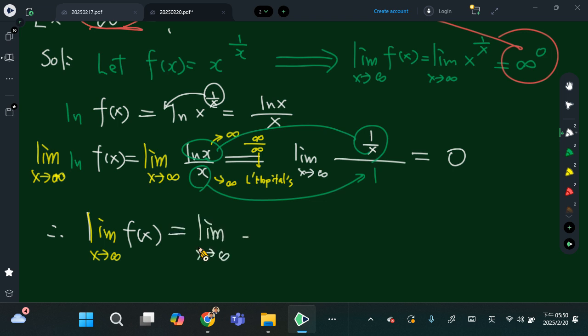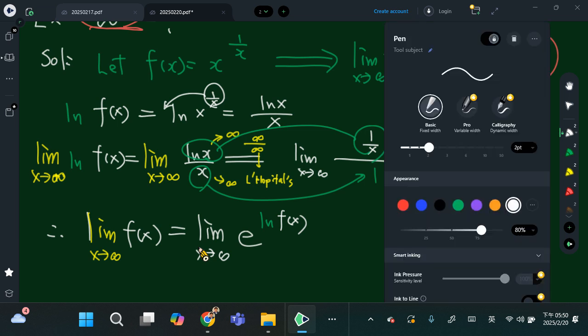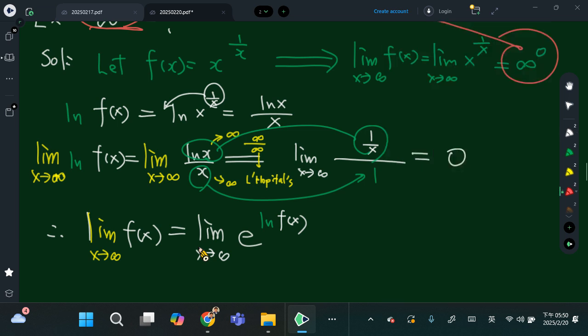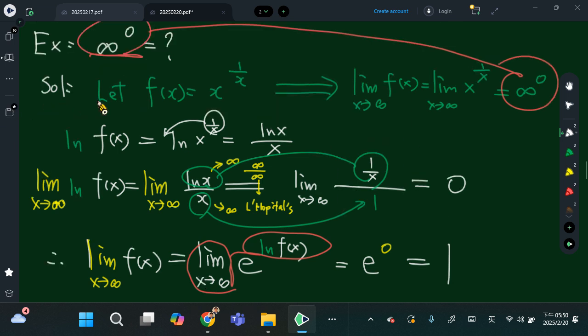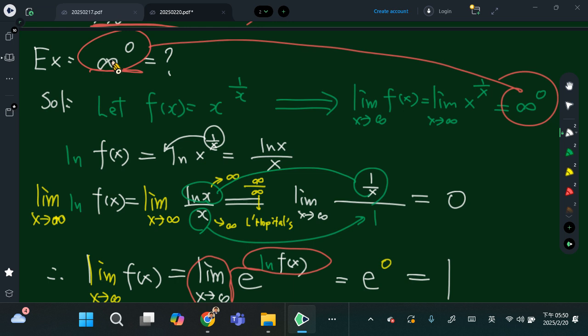We need to have e here, e to the power of the limit of ln f of x, which is 0. So the answer will be e to the power of 0, so finally the answer is 1. That means infinity to the power of 0 is 1.